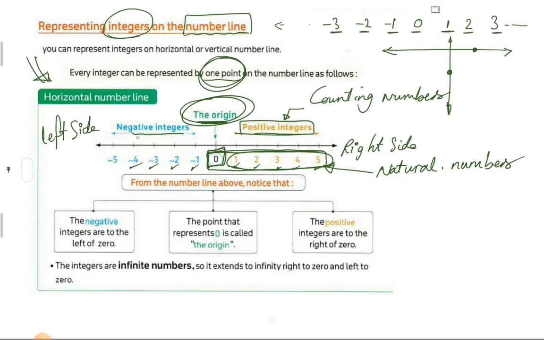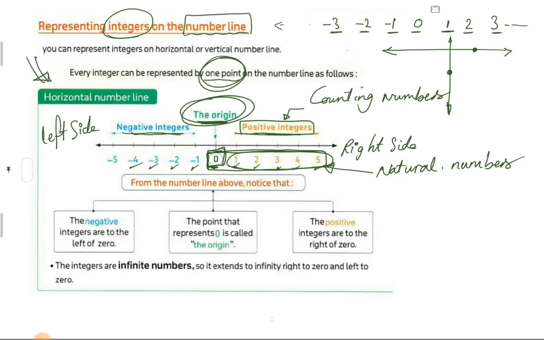If we put the negative and the positive and 0, we get integers. So all these numbers are called integers.